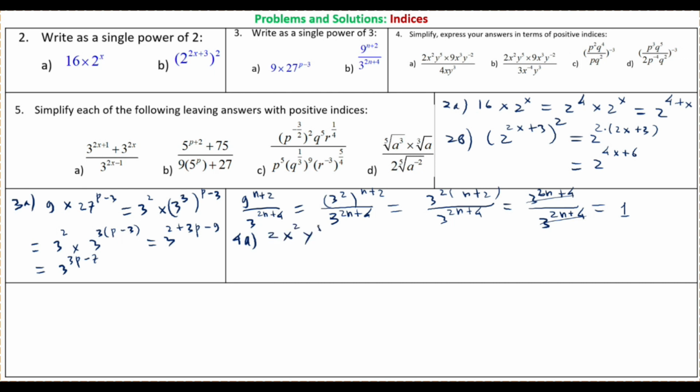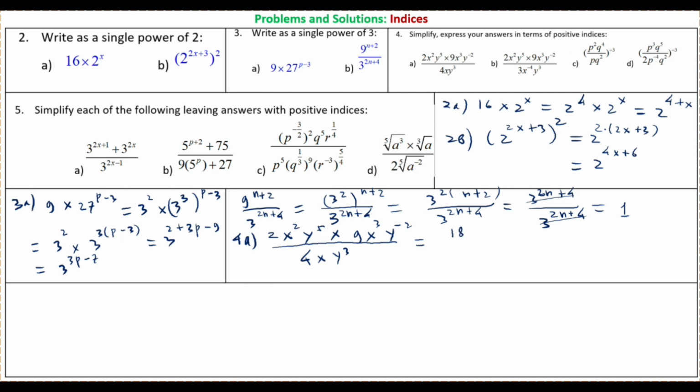So we write this here. Y to the power of 5 times 9x cubed y to the power of minus 2 divided by 4x y cubed. So 2 times 9, they are both constants, is 18. So because they are constant, we can just write it as 18.